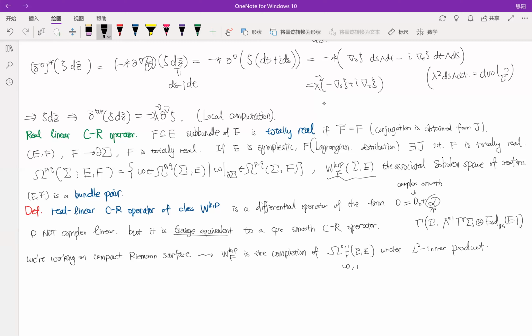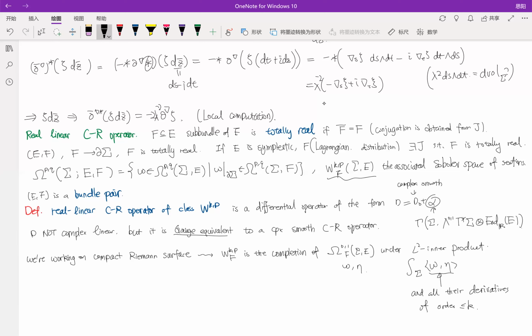That is, if omega and eta, then the L2 product is just the pairing of omega and eta, which will be an integration, and then we just complete with respect to this and all their derivatives of order up to k.